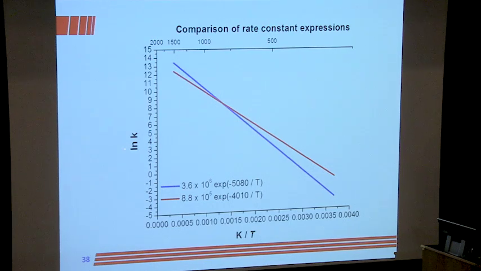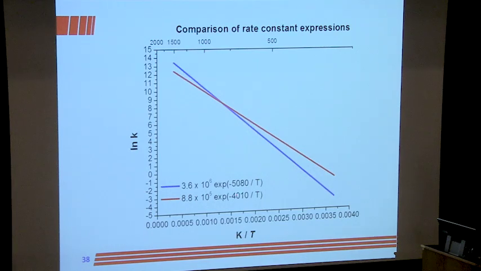So anyway, here we plot log k versus inverse temperature, and this is getting exactly to what you asked. If we plot this rate constant expression, 3.6 times 10 to the 6 times the exponent of minus 5,080 all over T, you can see the slope here is smaller than the slope here. The red line, the slope is smaller.